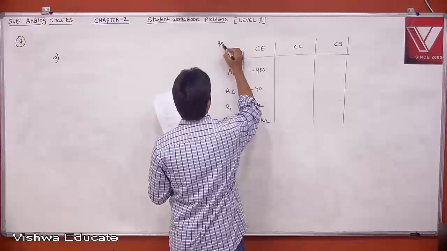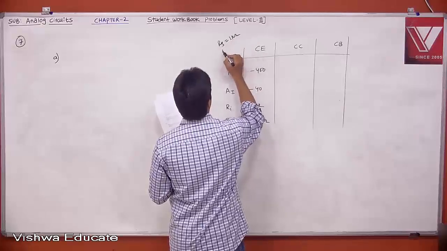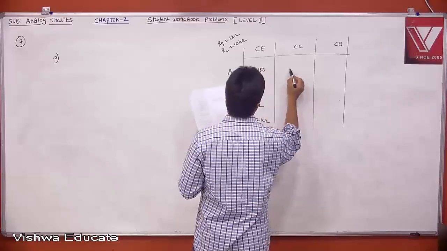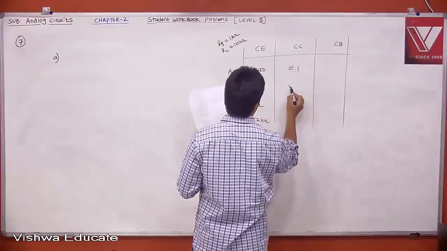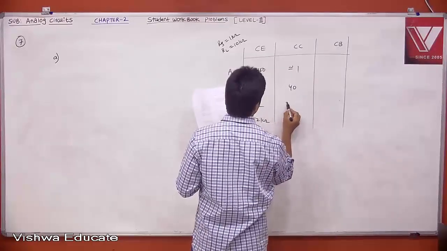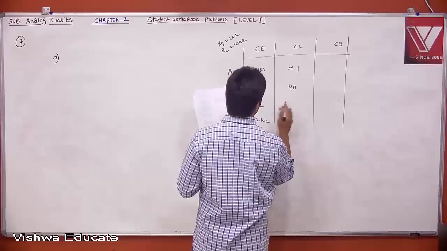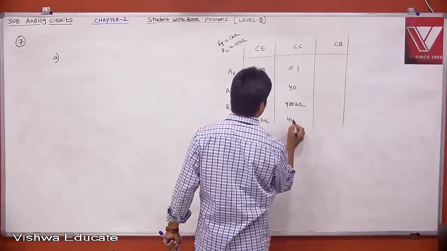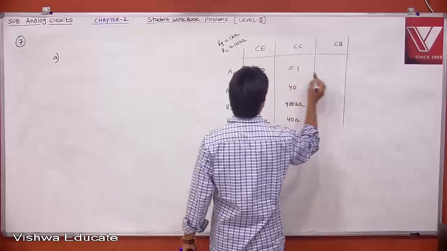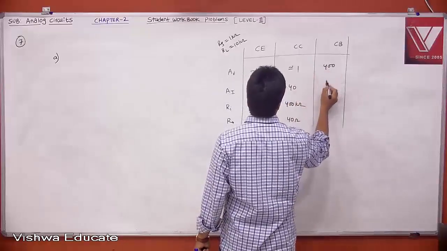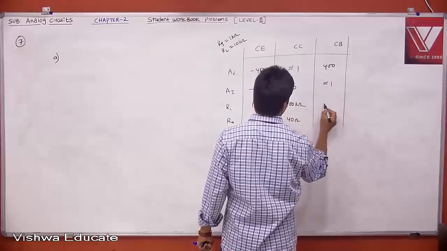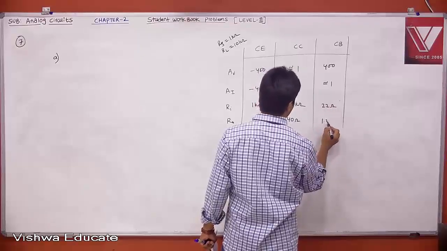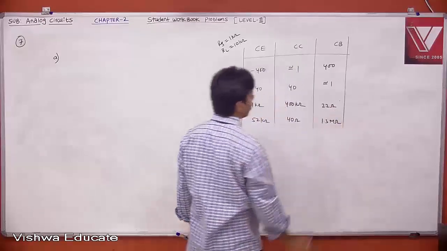That is when RS is equal to 1K and RL is 10K for this combination. CC amplifier: voltage gain close to 1, AI 40, RI 400 kilo ohm and R0 40 ohm. CB: voltage gain 400, current gain approximately 1, RI 22 ohm, R0 1.3 mega ohm. That is what we got, right?